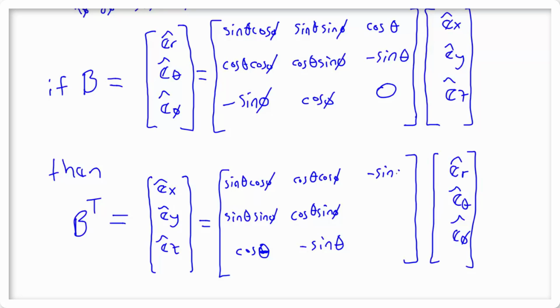The last row starts with minus sine phi, continues with cos phi, and ends with 0. Guys, if you have something in terms of spherical coordinates and you want to pass it to Cartesian coordinates, you can do it using the transpose method.